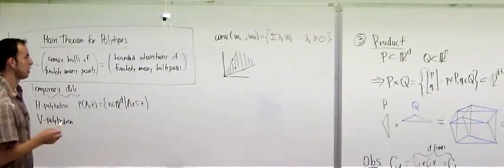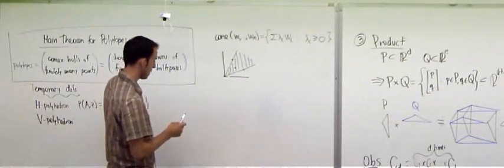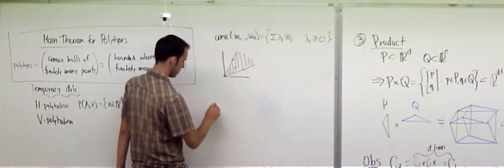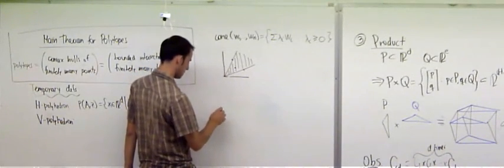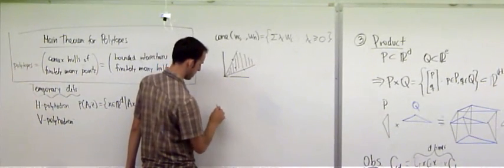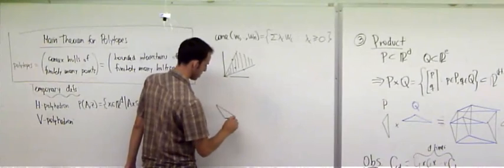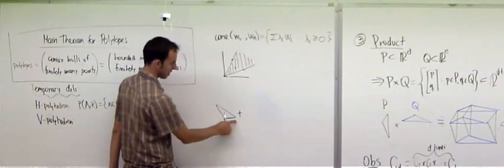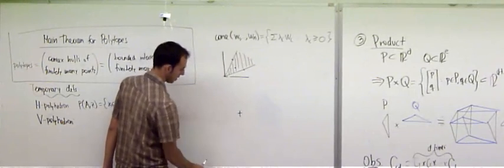And now, the next thing that I would like to point out to you is the following. If you take, for example, the Minkowski sum of, let's say this. So if you take the Minkowski sum of this triangle, or maybe I'll make it a little bit more complicated than that.